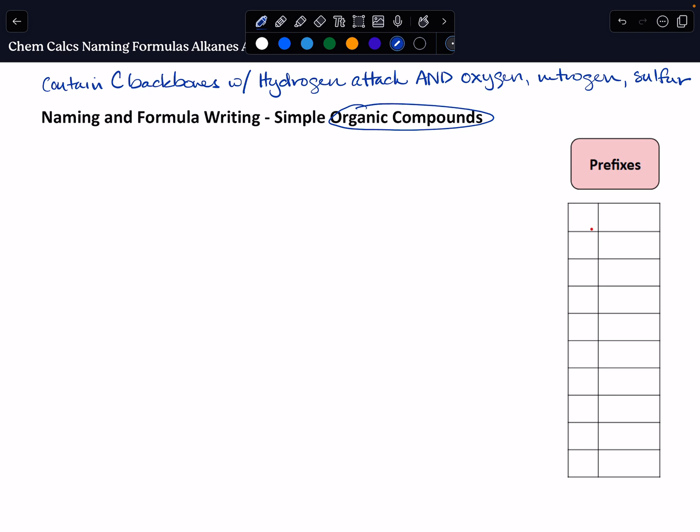All right, and there can be others. You can have specialized organic compounds, but most often you're going to have some sort of carbon backbone, which is several carbons in a row. All right, and those carbons are going to have hydrogens attached to fill their four bonding sites, their tetrahedral shape, or you can have other elements attached, such as oxygen, nitrogen, and sulfur. All right, but the key is it's primarily going to be carbons and hydrogens with some other elements mixed in.